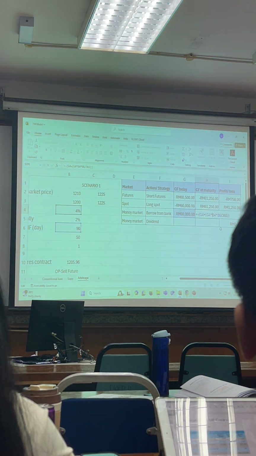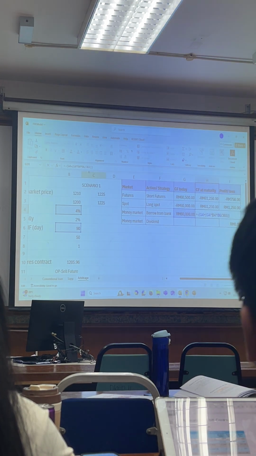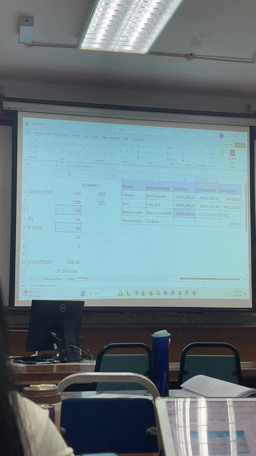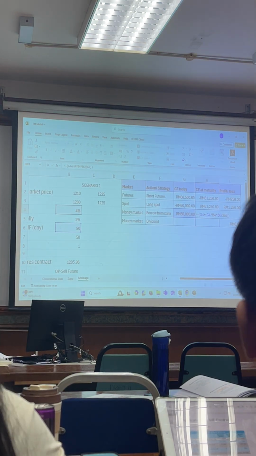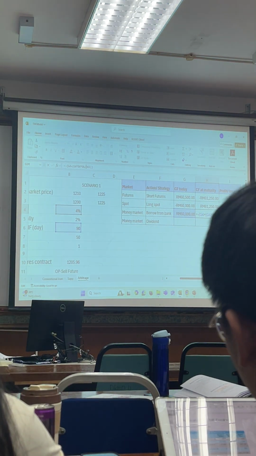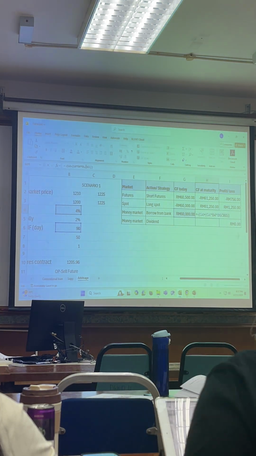Okay, see, there is my formula. Why 365? Because I try to show you how the PowerPoint gets this number. But by default, you can use 360.